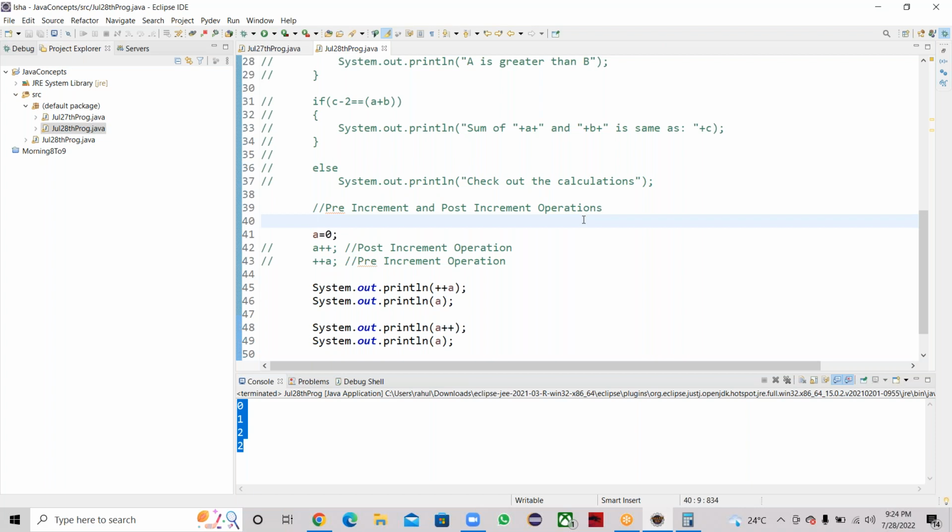Yeah, hope so. Okay, I'll execute the program. So the output is this: 0112.